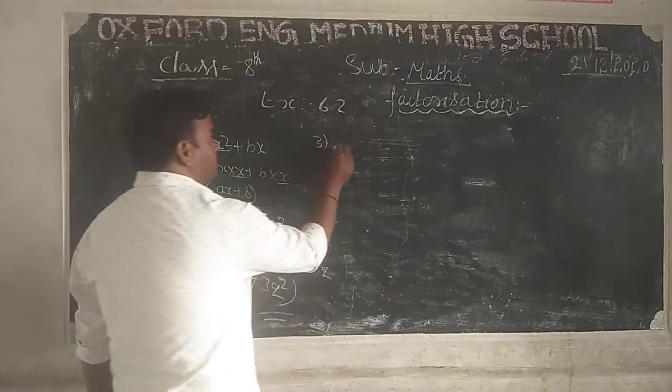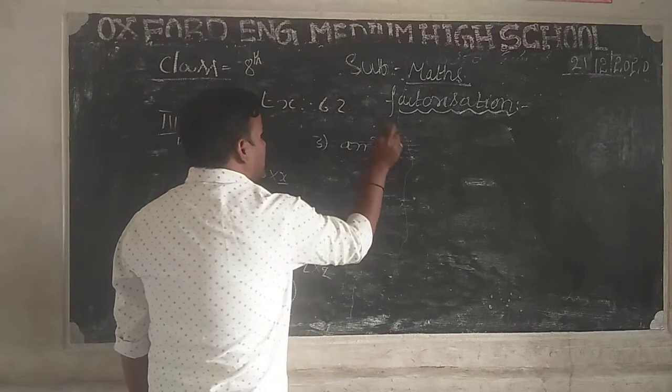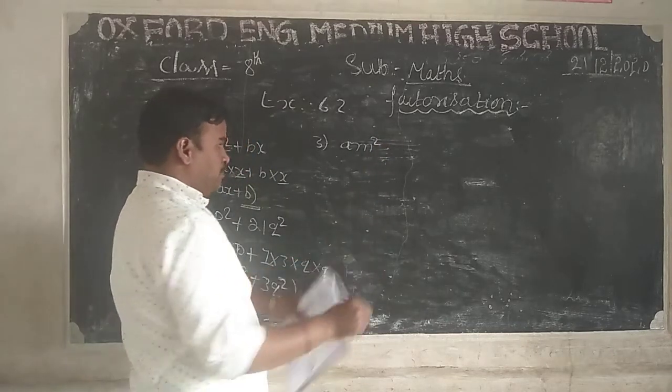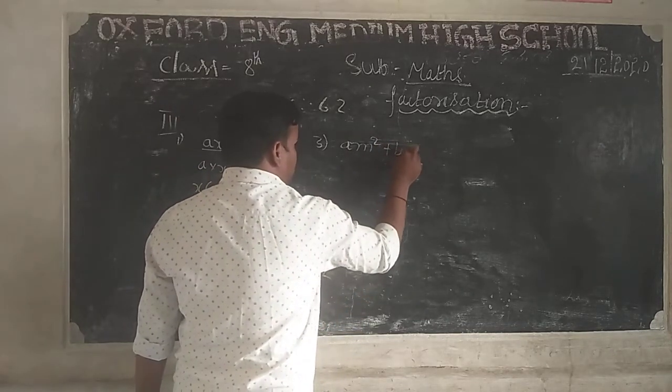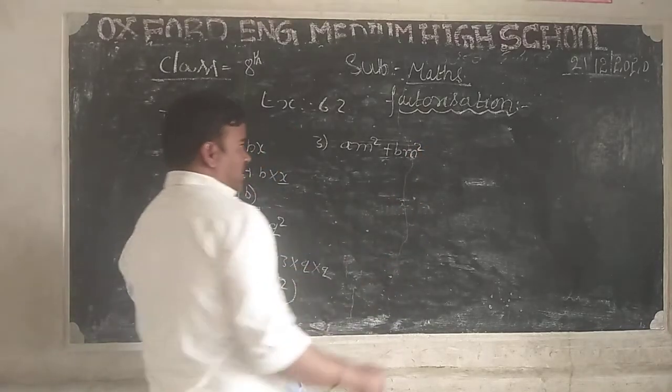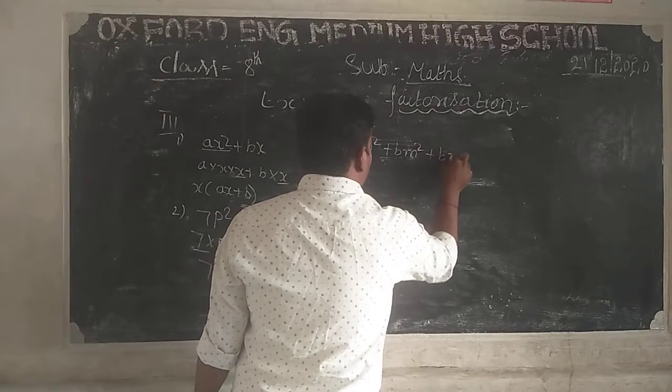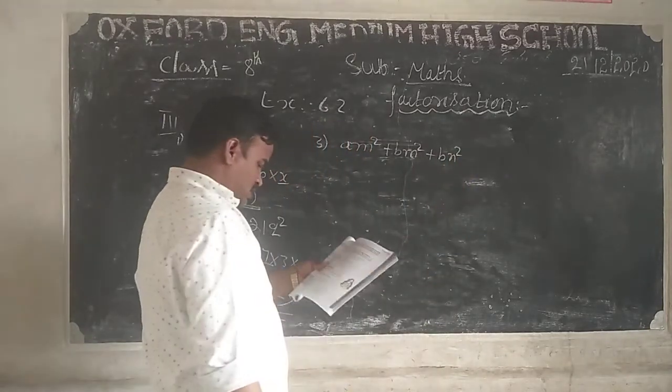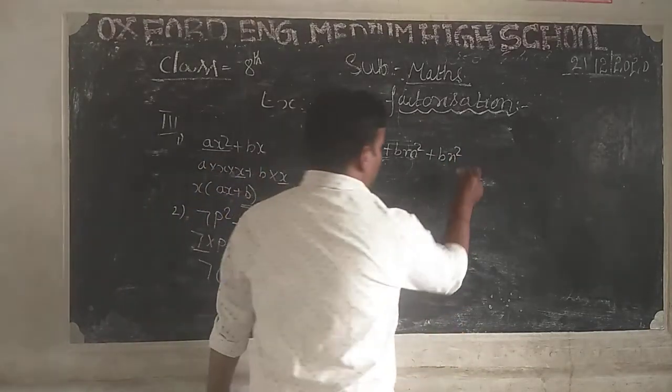am square plus bm square plus bn square plus an square.